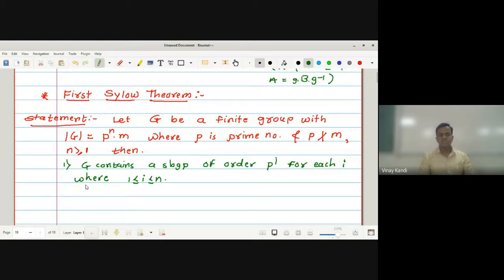Okay, so this is the first statement. G contains a subgroup of order p raised to i for each i, where i is running from 1 to n.